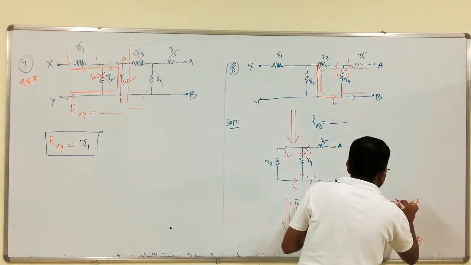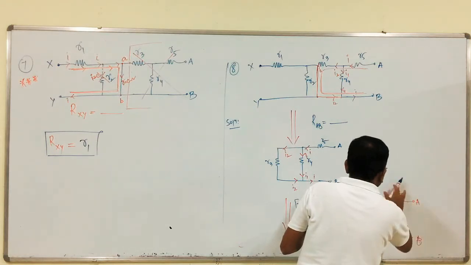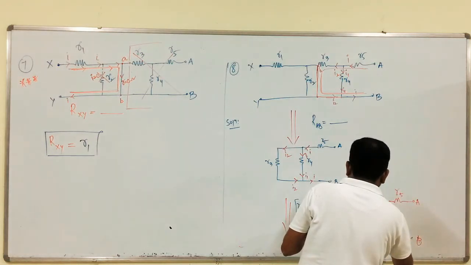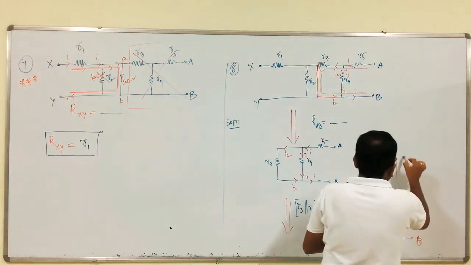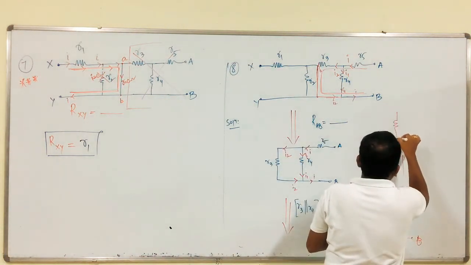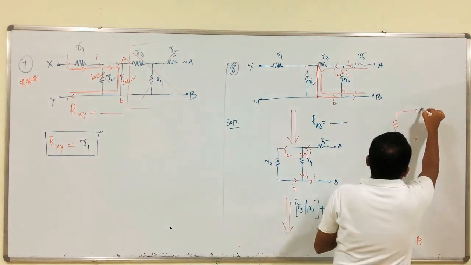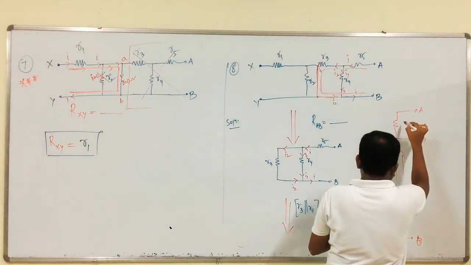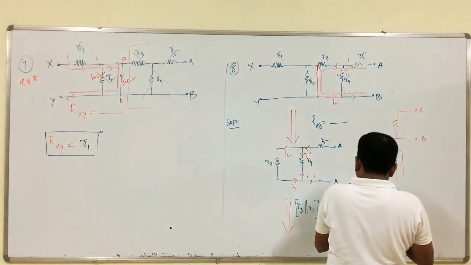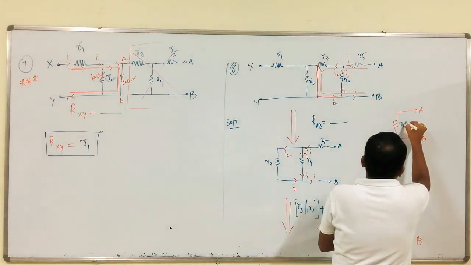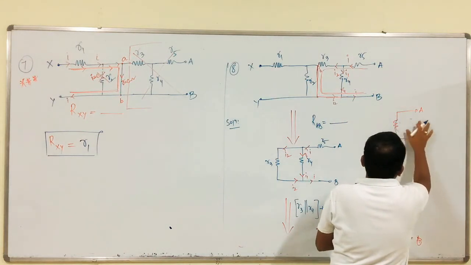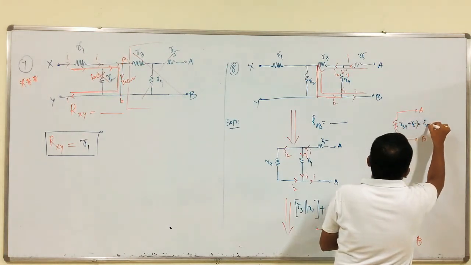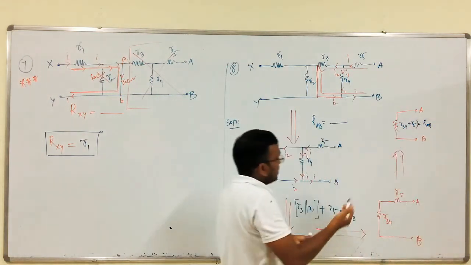This is R5, sorry, small r5, this is R34, right, R34. Later it should be AB, what is the answer? R3 is parallel with R4, that is R34, plus R5, which is equal to RAB. That is it, that is the answer.